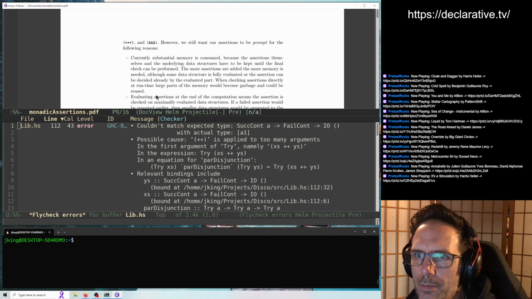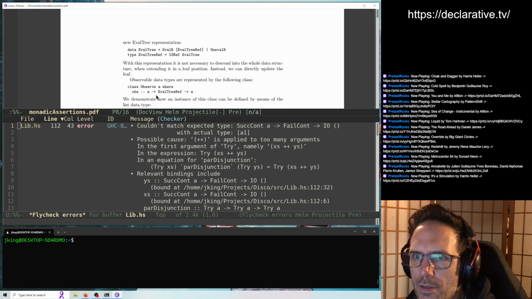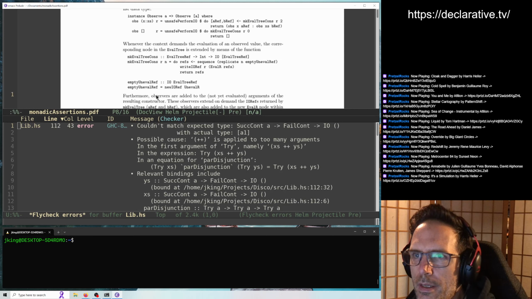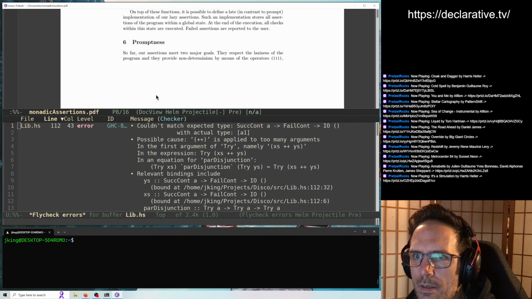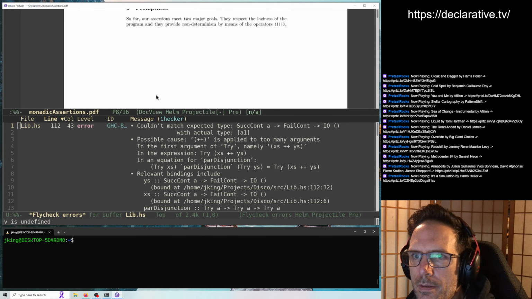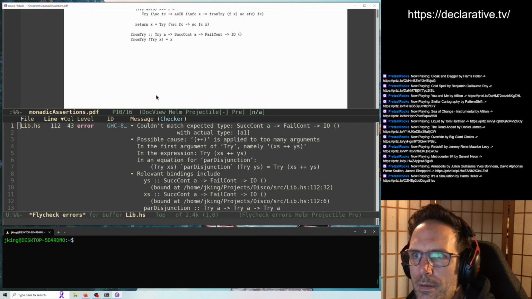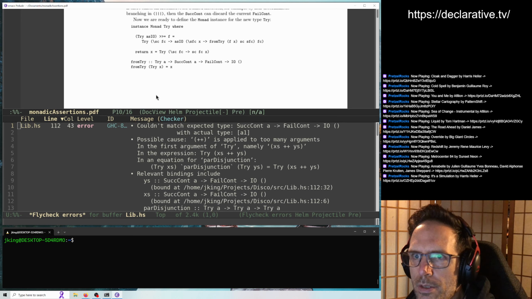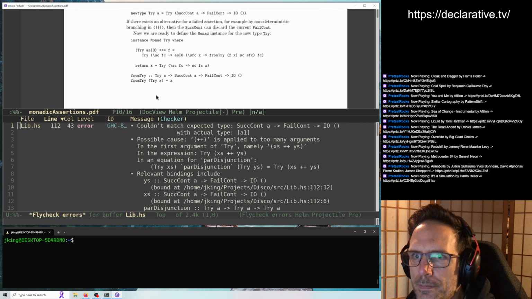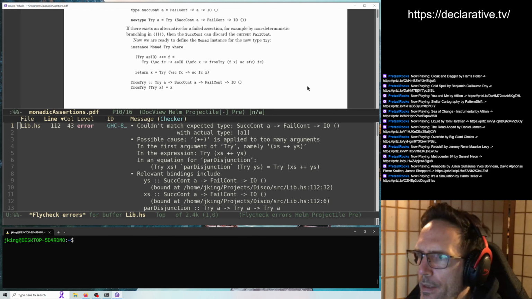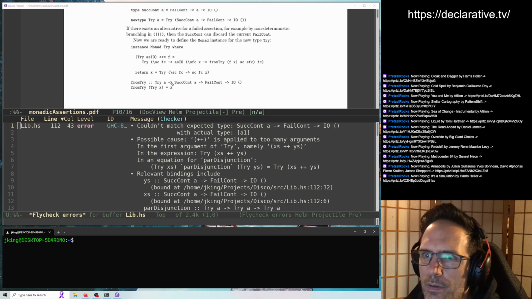Well, the only way that could make sense is if the definition of try is polymorphic in its continuation. Which they specifically write here that it isn't, right?